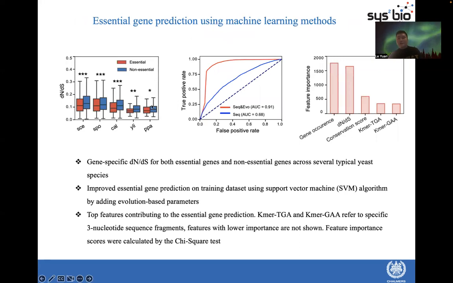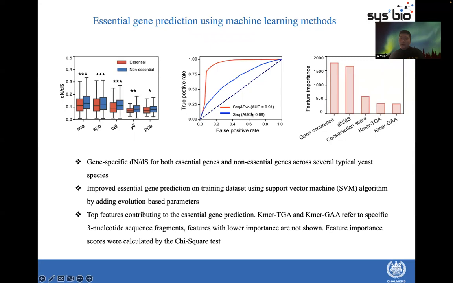So after that, we constructed the machine learning workflow and developed the machine learning model. Another thing is the machine learning performance. Here, we integrated sequence features and evolution-based features, and we got an AUC value of 0.91. By using sequence features alone, the AUC value is 0.68.